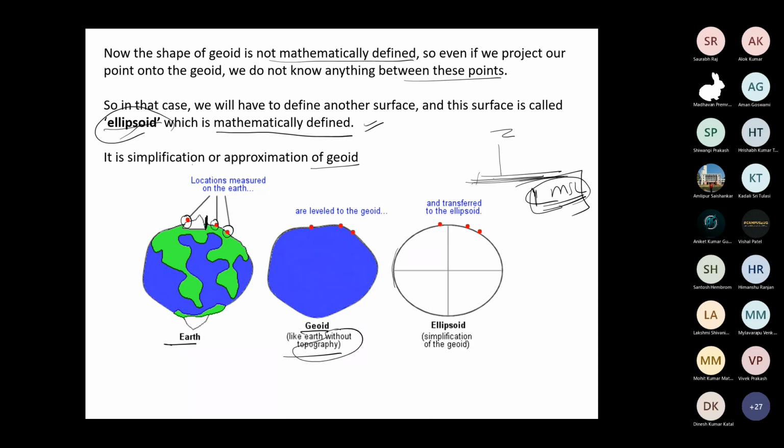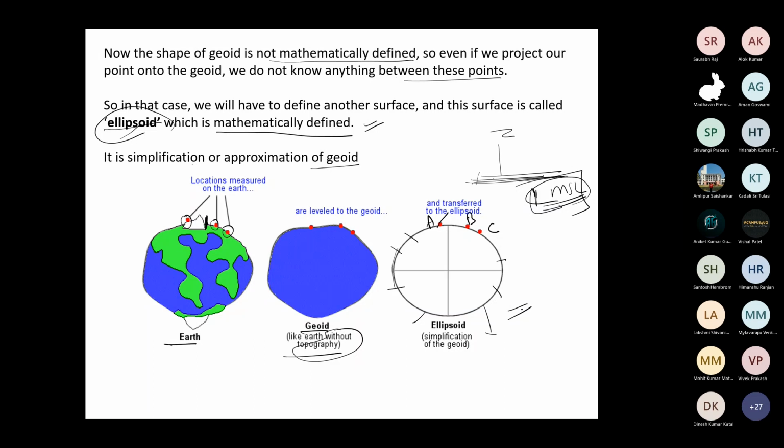The geoid is only the mean sea level. Now if I consider it an ellipsoid, I know the entire equation of the ellipsoid, with axes A, B and C, so everywhere I can define my points, because it is mathematically defined.